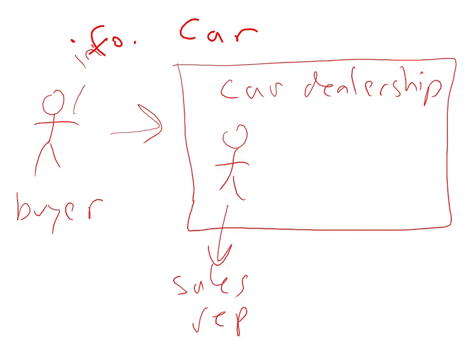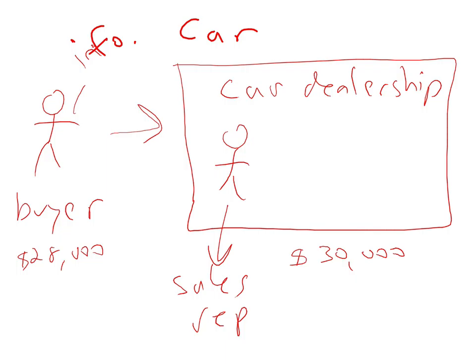The sales rep says to you, for the car that you want, it's going to cost you $30,000. And then you might say, you know what, I looked online and that car actually should cost me $28,000. And I'm not paying a penny more. I'm going to pay $28,000.